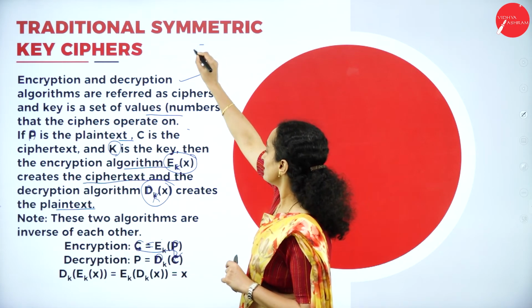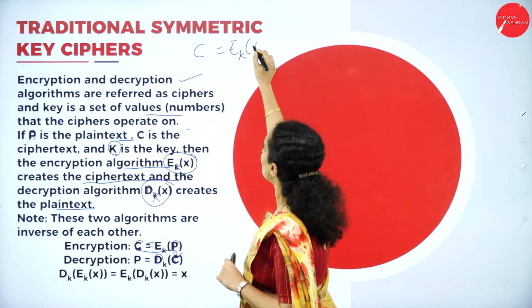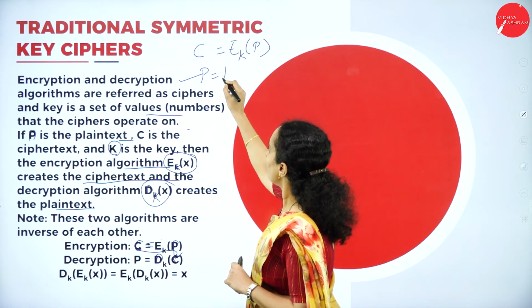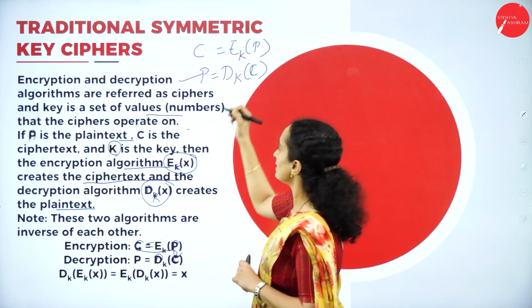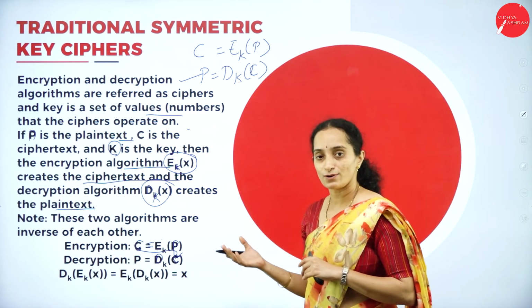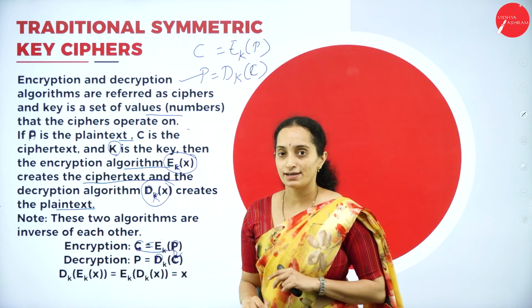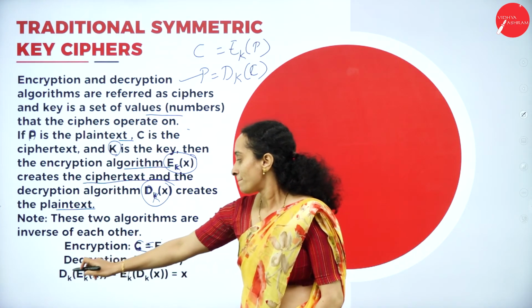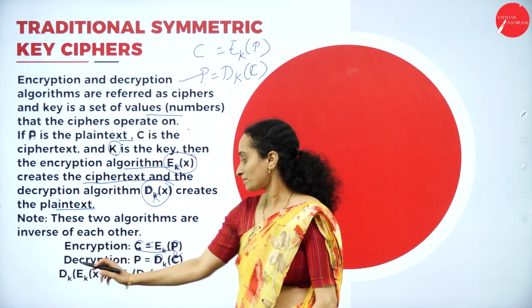So I can represent C equals E of K of P, and P can be obtained by applying D of K to the C. The cipher text and the original plain text both work in reverse order. Here it has been shown D of K applied to the encryption.